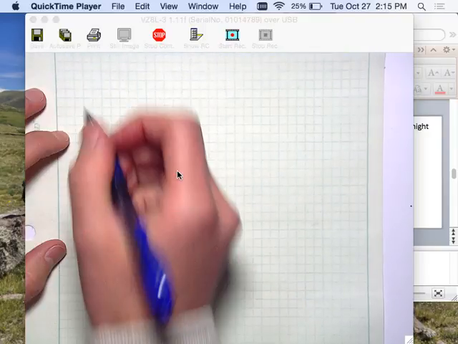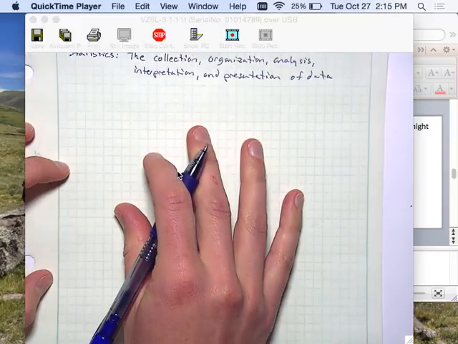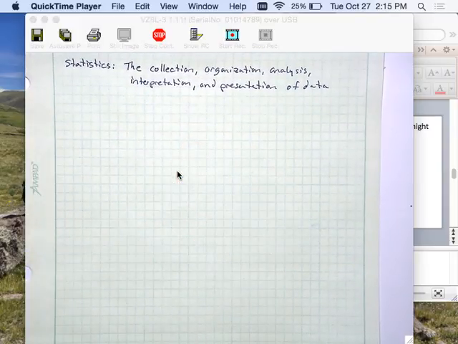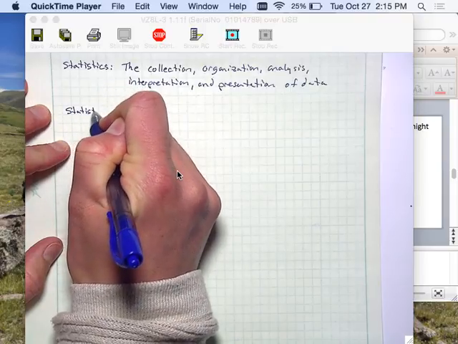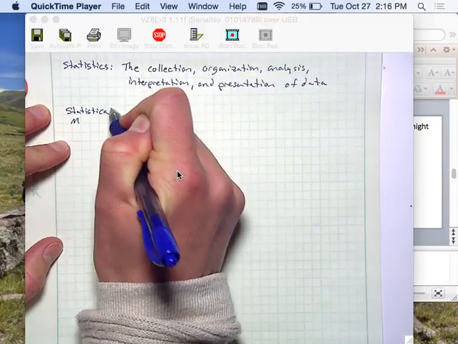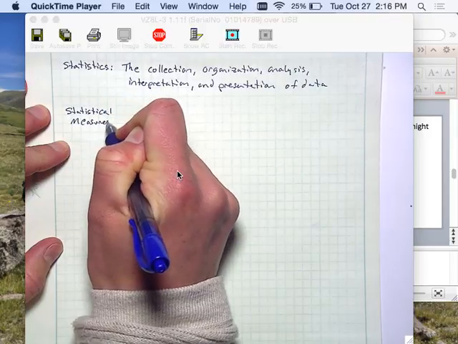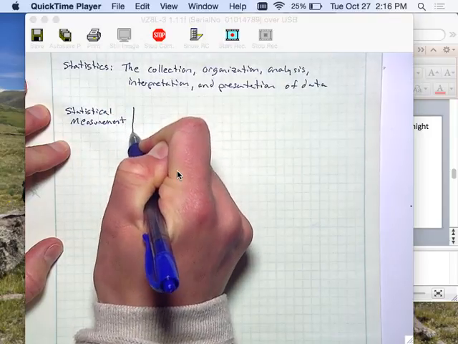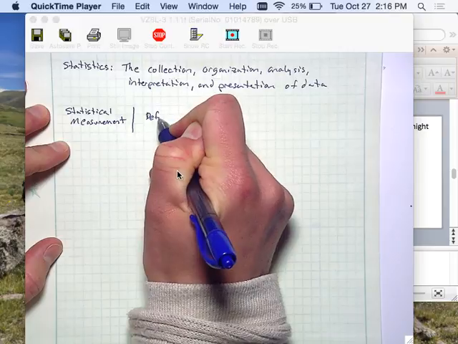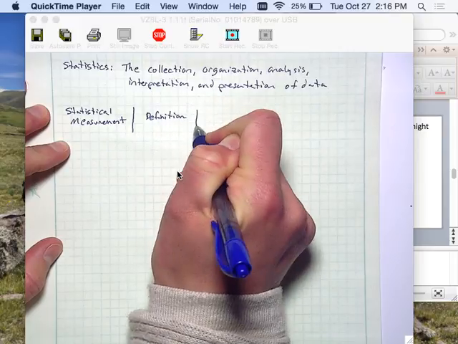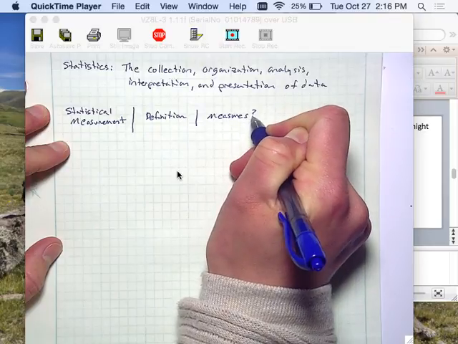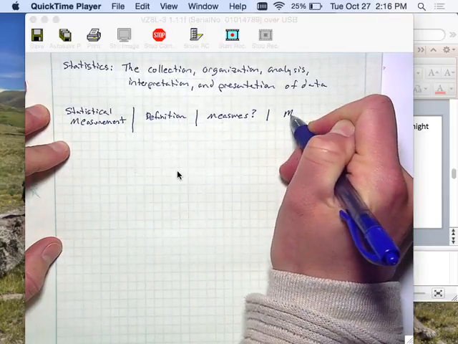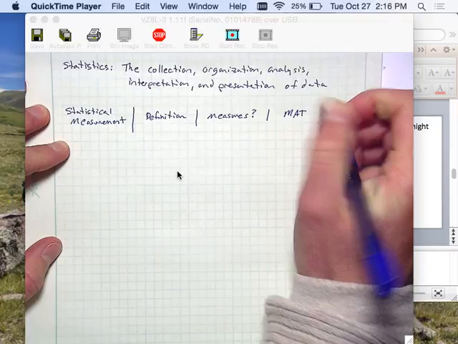So these are all the different statistical measurements we're going to be talking about. For each, we're going to talk about the statistical measurement, then what's the definition? What does it measure? And what is the MATLAB code or the MATLAB function?